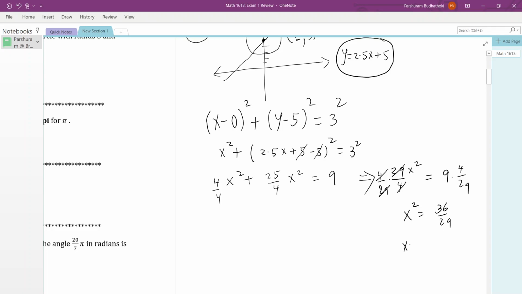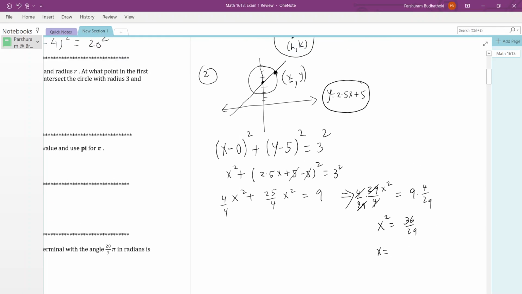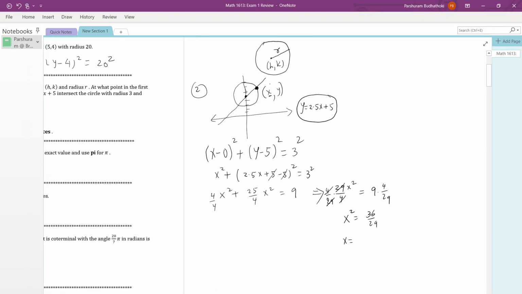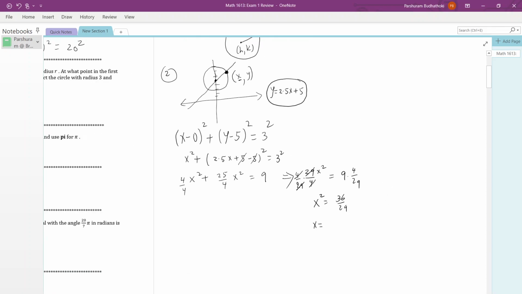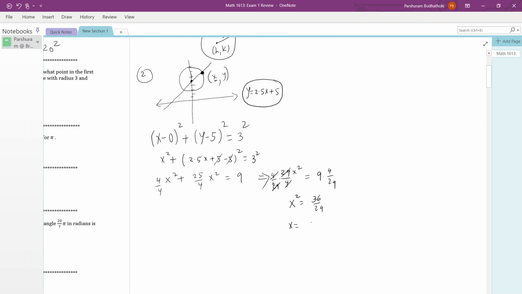If you try to find the x coordinate, you will have two choices, plus and minus, but because we're looking for the point in the first quadrant, we ignore the minus value, so we just take the plus value. So 36 over 29.